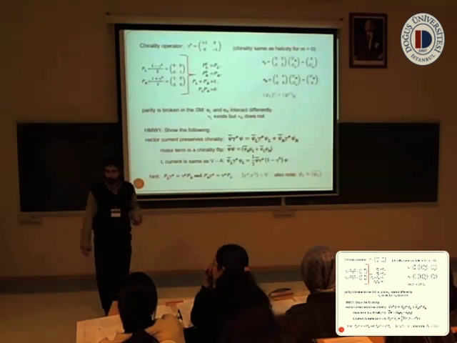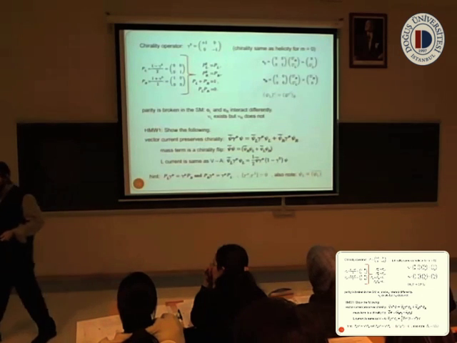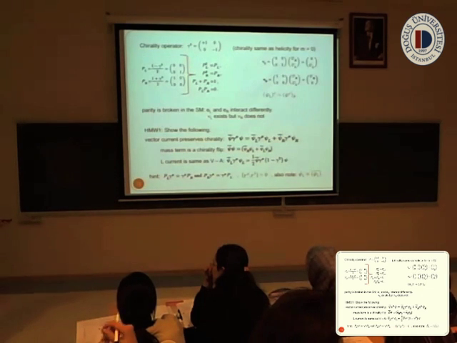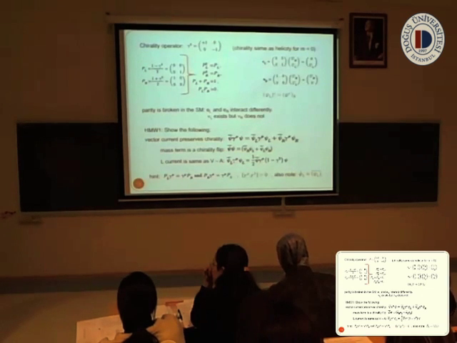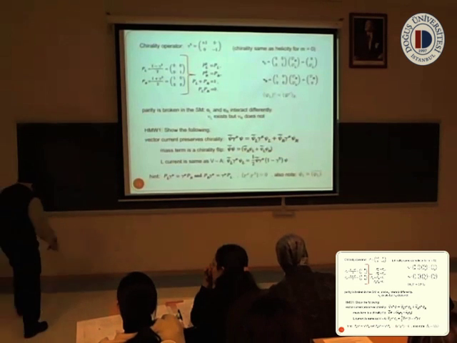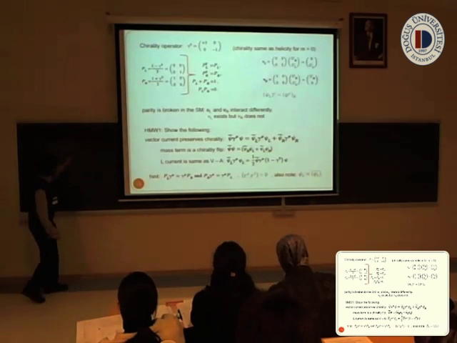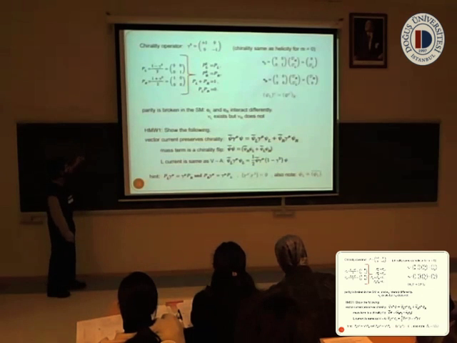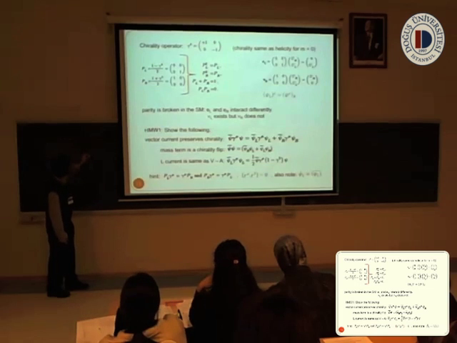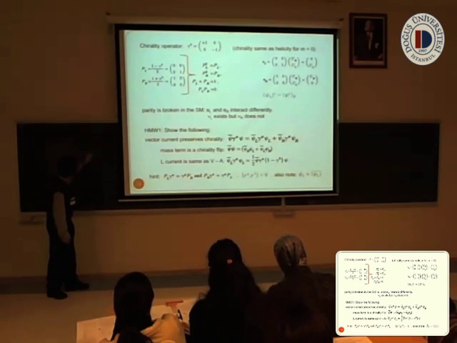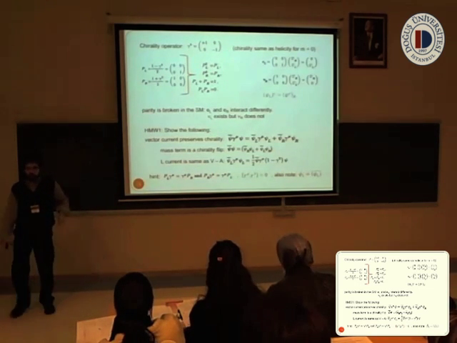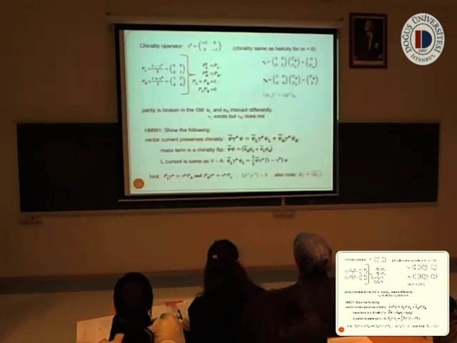All right, here's homework for you. You should show the following relationships. Just write psi is equal to psi L plus psi R. Write the same thing for psi bar.